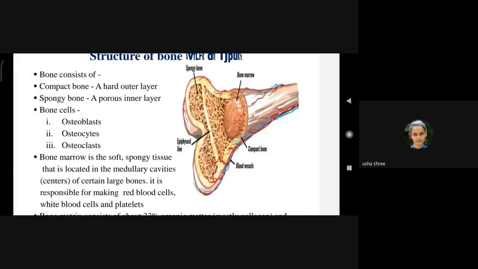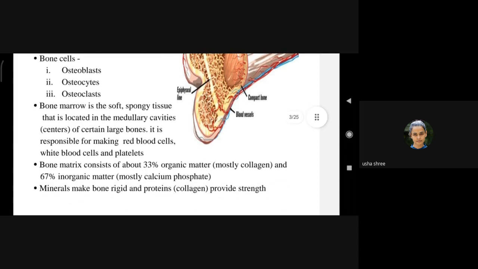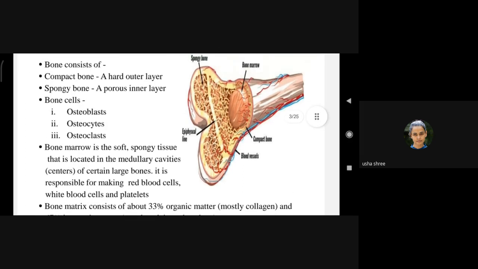I don't know exactly what they are made up of, and I have to search that. I am sorry for that. I don't know what this spongy bone is made up of. Okay. And the outer layer is calcium and phosphorus, right? Yeah, phosphate.